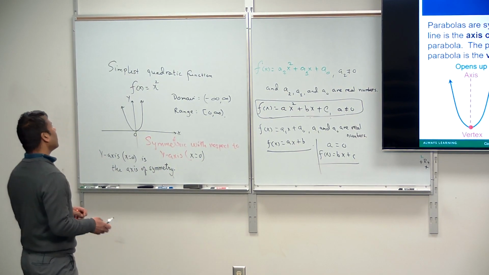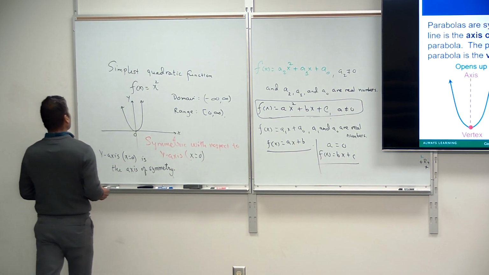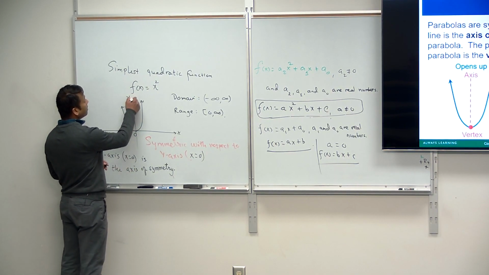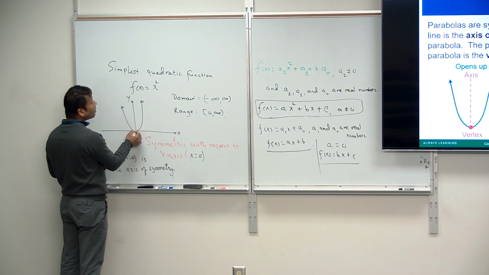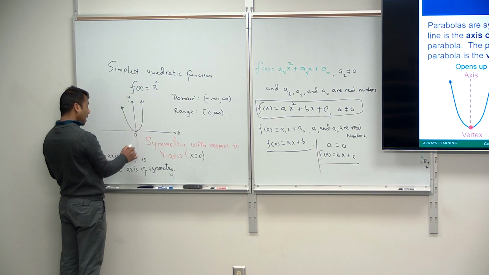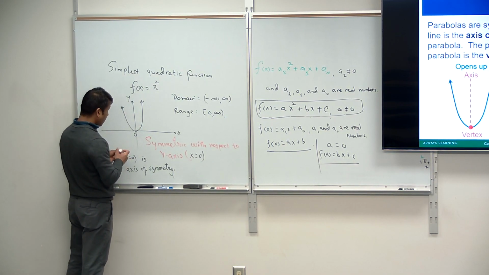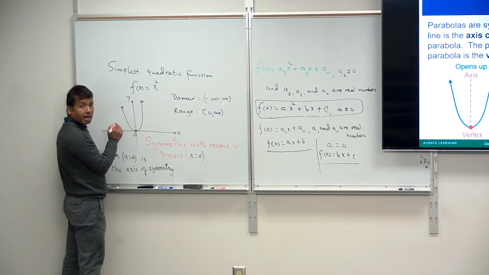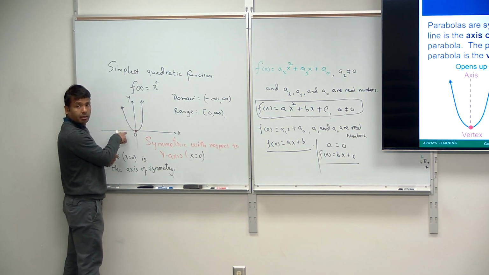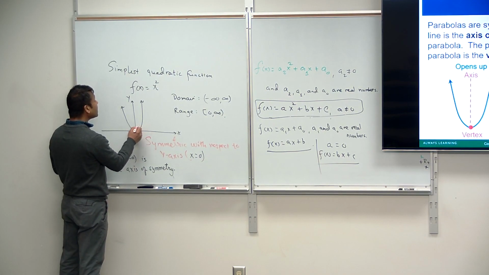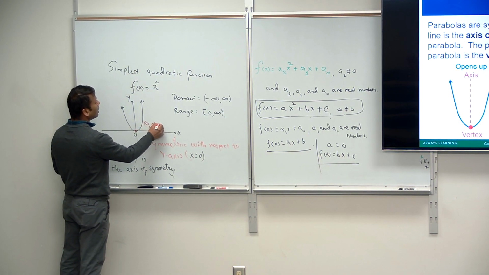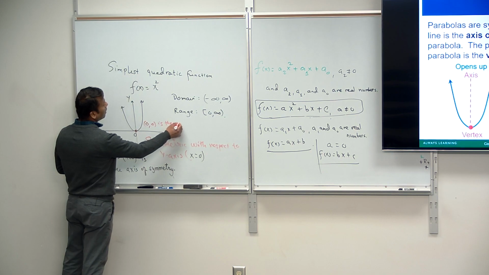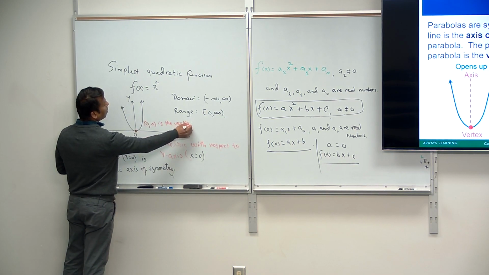Okay? And the point where the axis of symmetry intersects the parabola is called the vertex. Like this is your parabola and this is the axis of symmetry, and this axis of symmetry intersects the parabola at the origin, in this case, right? So the origin is the vertex. (0, 0) is the vertex.